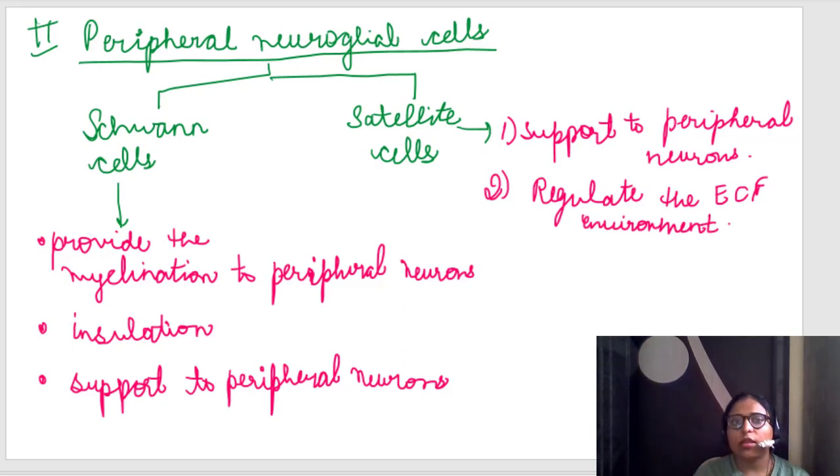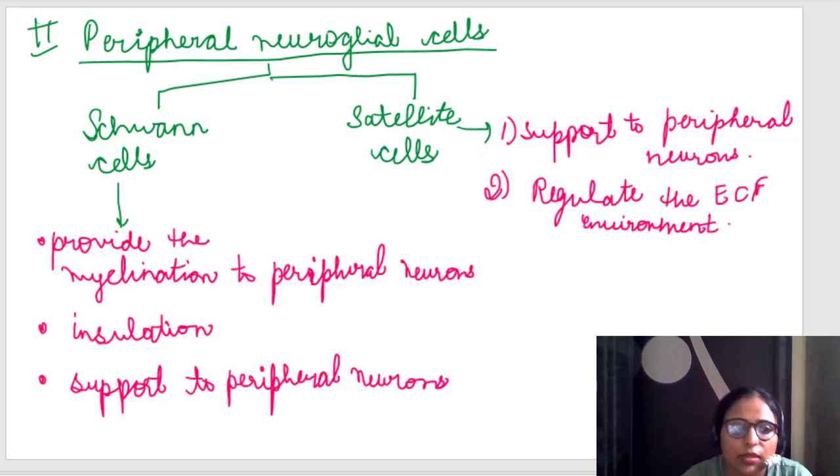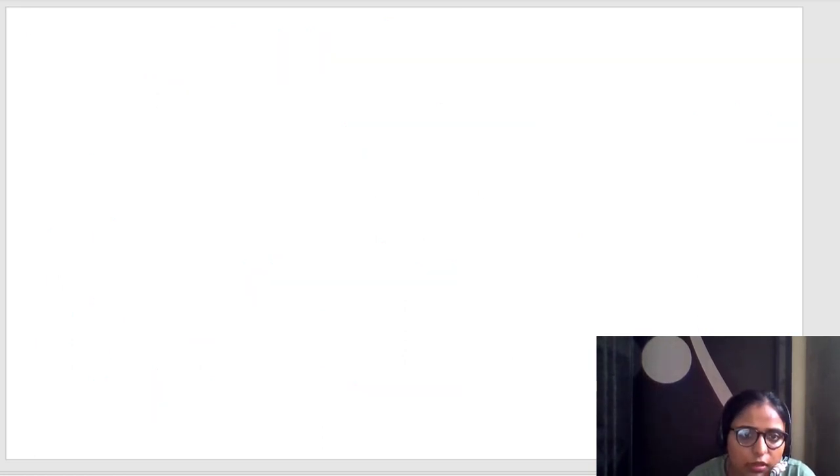So with this our neuroglial cells are complete. Now let's revise, it's very easy. We have the neuroglial cells. They are the supporting cells and they do not transmit the impulse, so they are also called non-neural cells or glial cells.